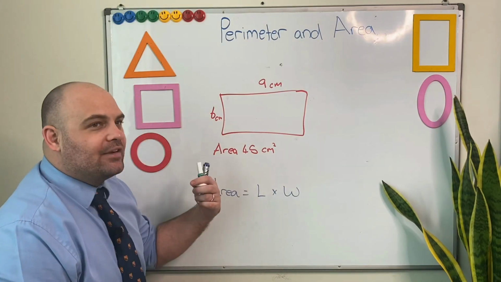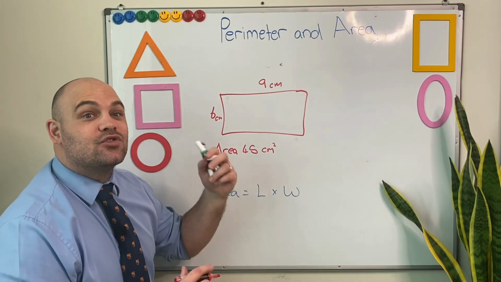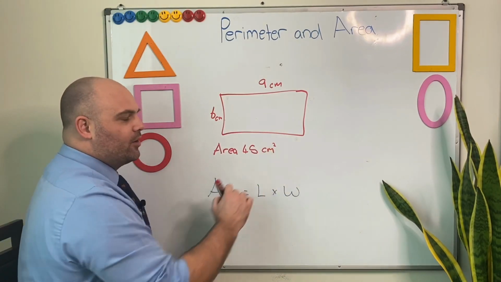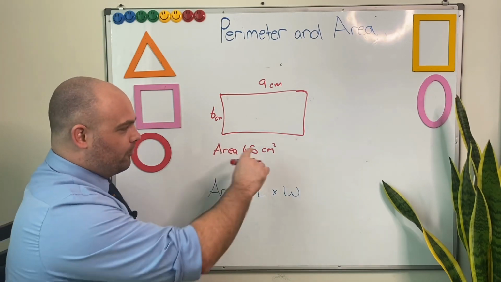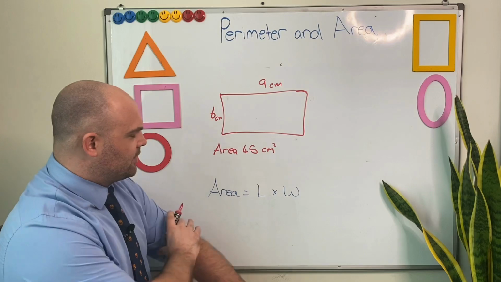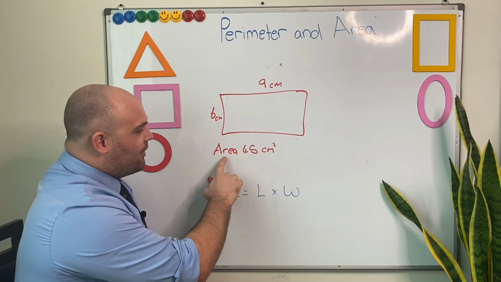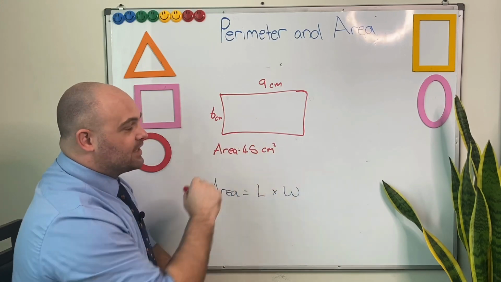Anything times itself is that thing squared, and you write squared with a 2 to the top right hand corner of it. It's called a superscript as far as I'm aware. So we have the area is equal to 45 centimeters squared.